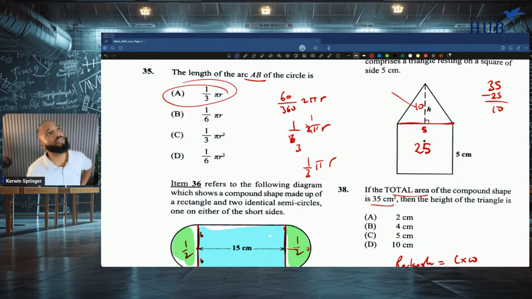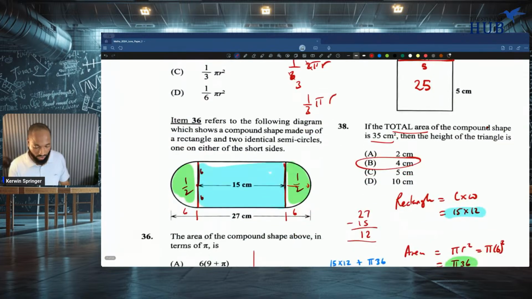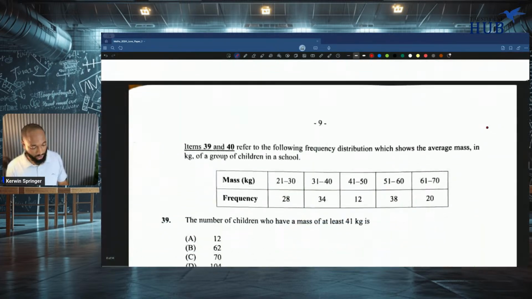Please do not say 2. 5 by 2 is 10, but no, it's a triangle. It's base times height divided by 2. So it's really 4. You understand? 5 times 4 divided by 2 is 10. Base times height divided by 2 is the area. The area is 10. I kind of broke it down enough there. You all could watch it over and follow. See if you can follow why it's 4 and not 2. 2 is the common error there.